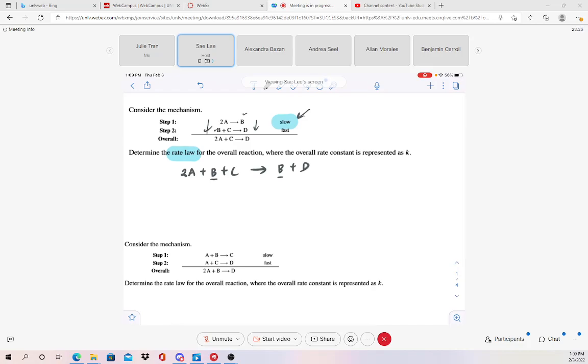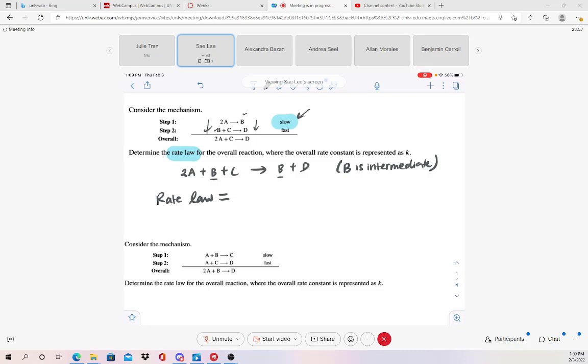This is an intermediate. B is intermediate. Okay. And now we're going to express our rate law. The rate law of the overall reaction is going to be the rate law of the slow reaction.